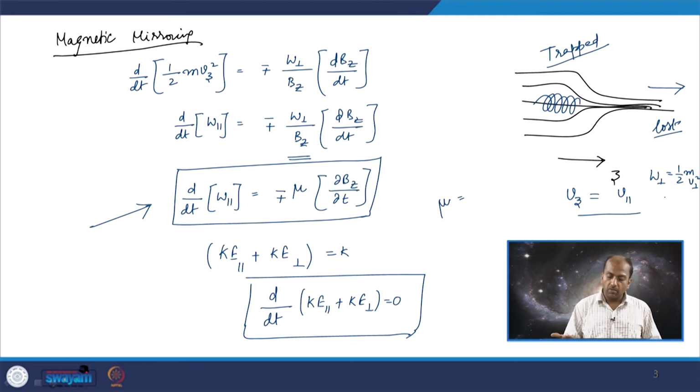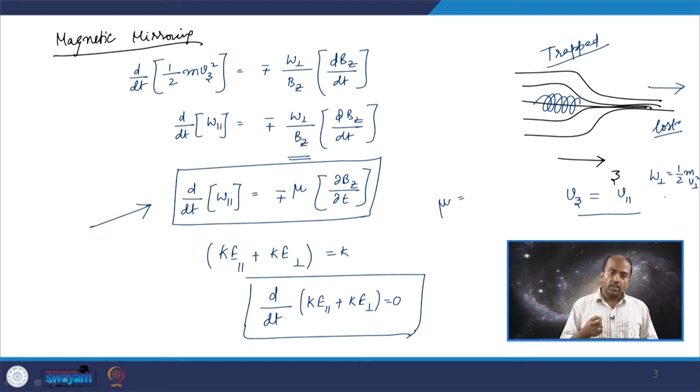So, this dB by dt does not signify that the magnetic field is changing with respect to time, but it signifies how, as the time elapses, the particle travels from one point to another point, and how the particle experiences different strengths of magnetic field.